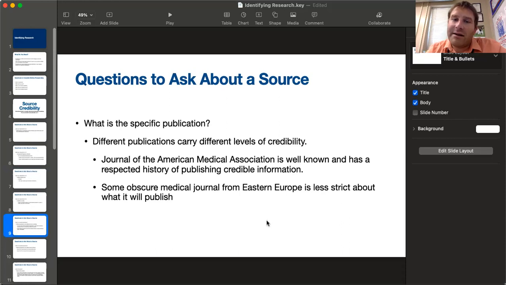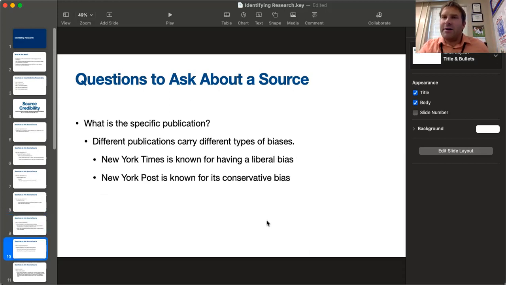Different publications carry different levels of credibility. Like the Journal of the American Medical Association is well known and has a respected history of publishing credible information. Some obscure medical journal from Eastern Europe is less strict about what they will publish, and so they follow rules very loosely, so they'll publish anything. Whereas the American Medical Association has their credibility they have to worry about.